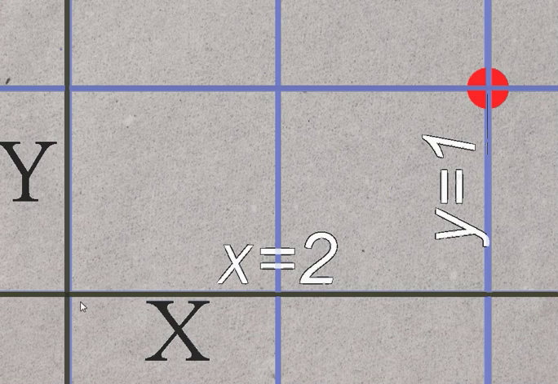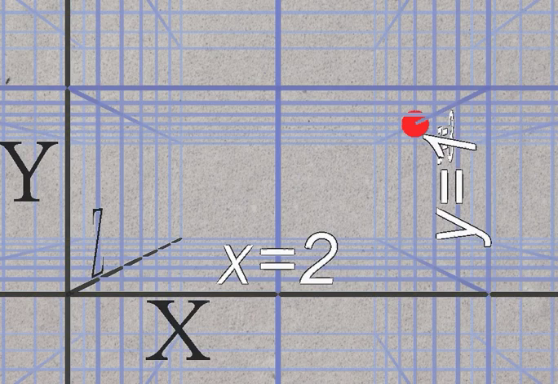Again, x is a horizontal line, so we can go 0, 1, 2, and for y, 0 and 1. So 2, 1, that's our point. Now, as we pull out the third dimension again, this point will be at 2, 1, 3, so it will be 3 units deep.